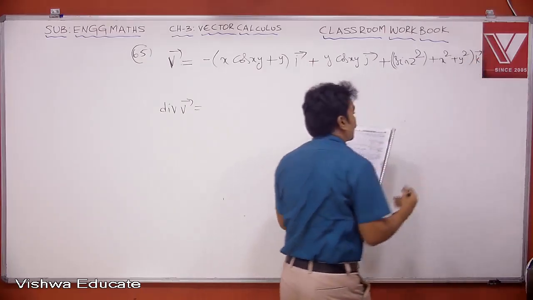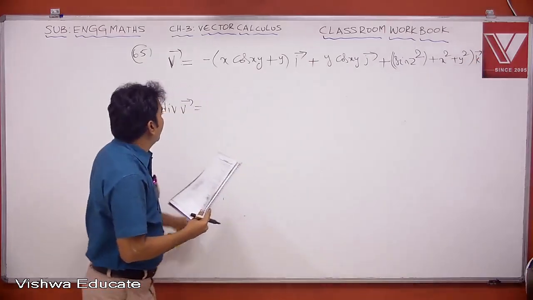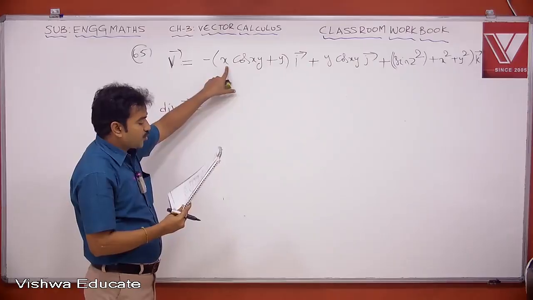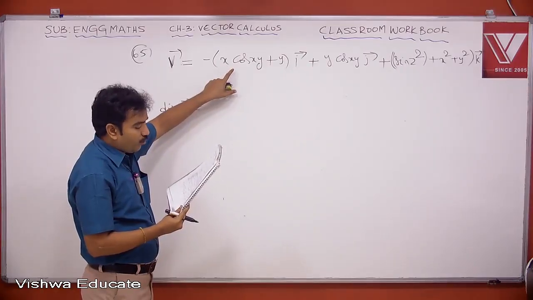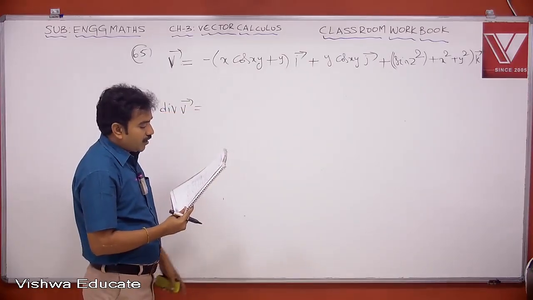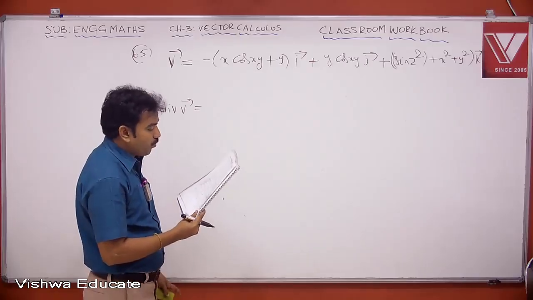Options are given. What is the i bar component? Minus of x cos xy plus y. The j bar component is y cos xy. The k bar component is sine z square plus x square plus y square.